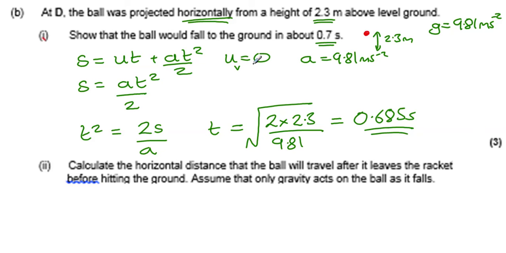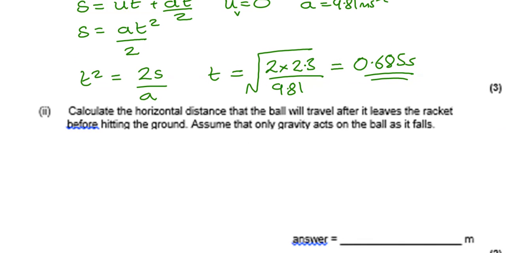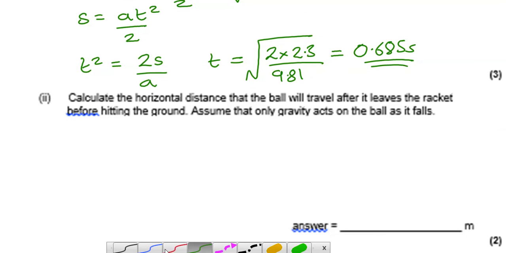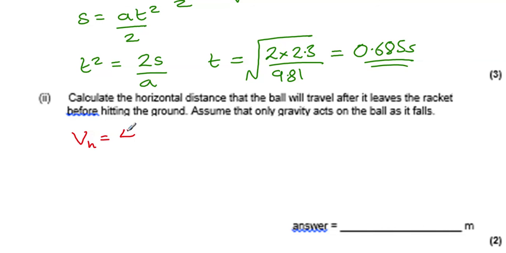So u vertical is 0. In this one, we're looking at horizontal distance. So I'm going to say v horizontal is 45.3 recurring meters per second, and I've got a time now of 0.685 seconds. Dead easy stuff, this.